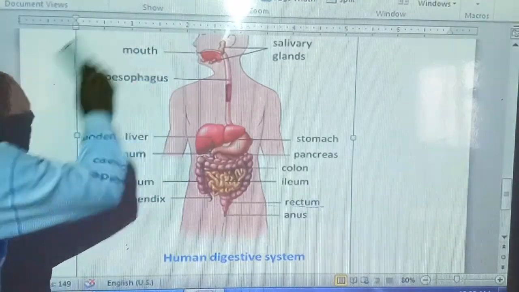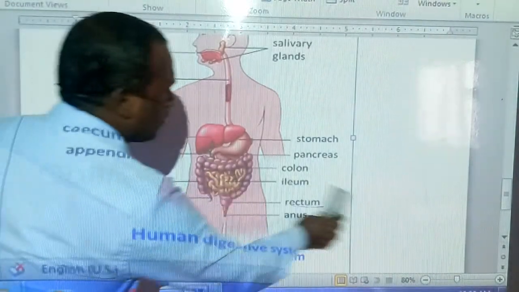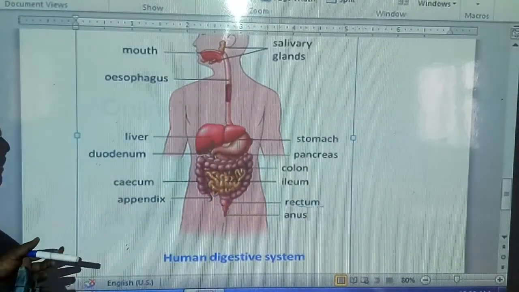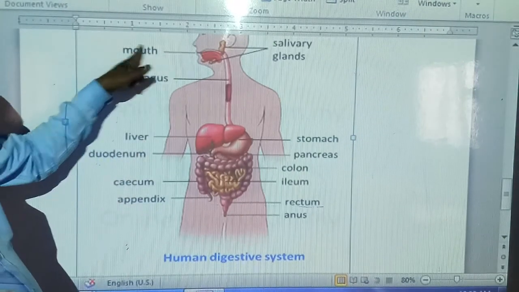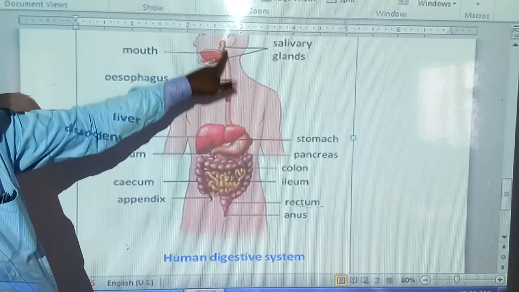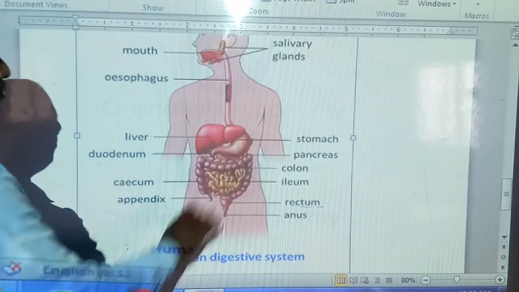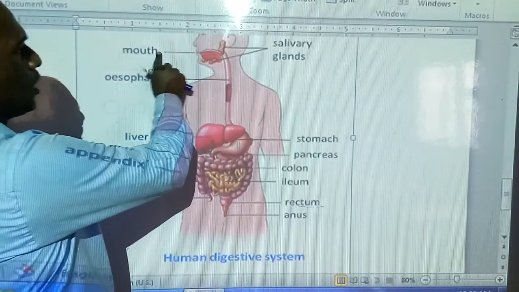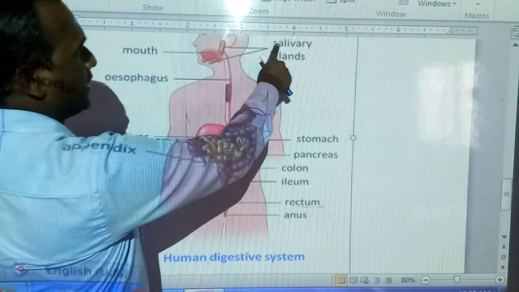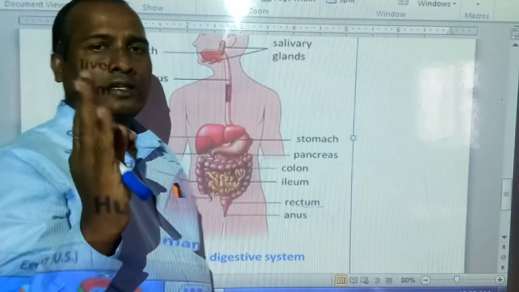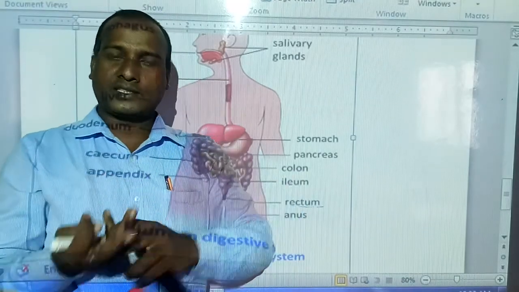It is very important for you to understand. Observe what the 7 organs are and some glands are also given here. This total is called the alimentary canal. It consists of 7 organs, as I already told. First it starts from the mouth. Second, the glands: 3 glands are there, salivary glands, pancreas and liver.